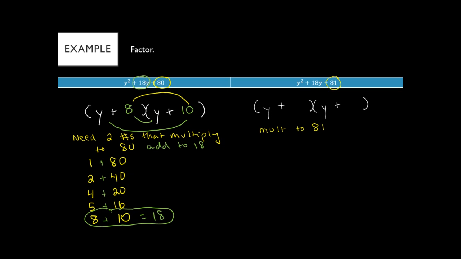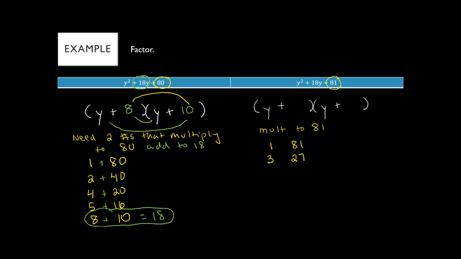So I need to go through all of my numbers that multiply to 81. So 1 times 81. And then I just go through the calculator. 81 divided by 2 is a decimal, so you don't write it down. 81 divided by 3 gives me 3, and that result was 27.